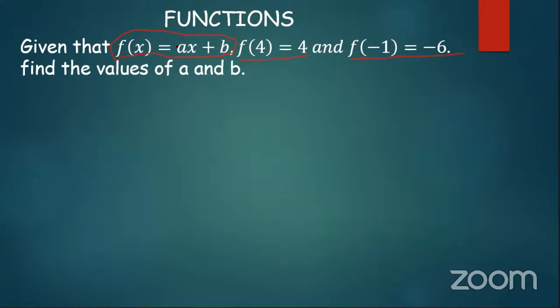Okay. So f of x is equal to ax plus b, f of 4 is equal to 4, and f of negative 1 is equal to negative 6, and we are requested to find the values of a and b.